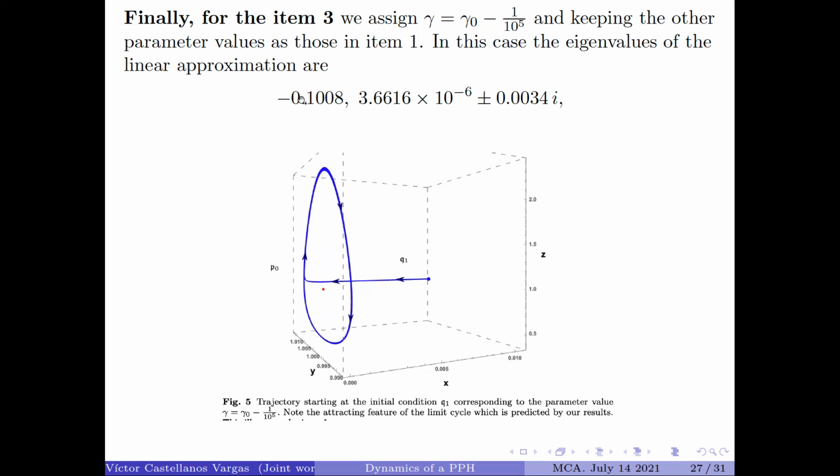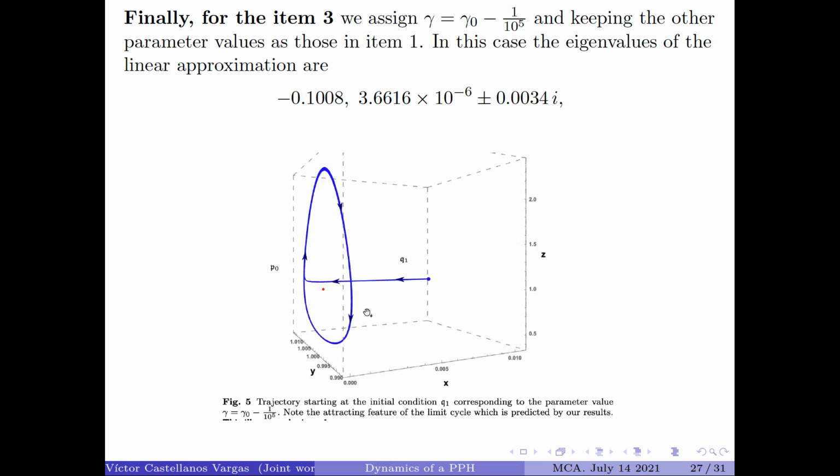Also, we have a negative real eigenvalue and a pair of complex eigenvalues, and this point P0 is evidently unstable, locally unstable, and the limit cycle appears here.